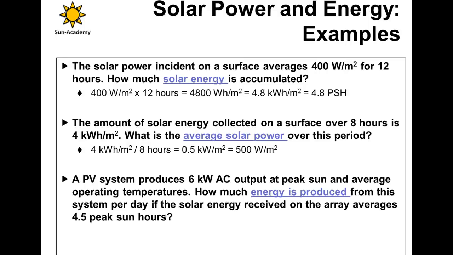How much energy is produced from the system per day, if the solar energy received on the array averages 4.5 peak sun hours per day? A peak sun hour equals 1000 watts per meter squared per hour. 6 kilowatts times 4.5 hours per day equals 27 kilowatt hours per day.